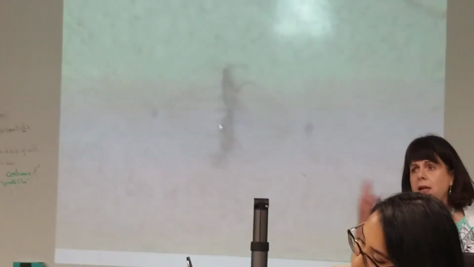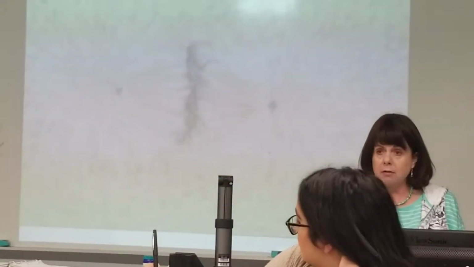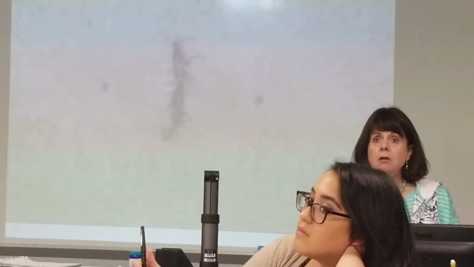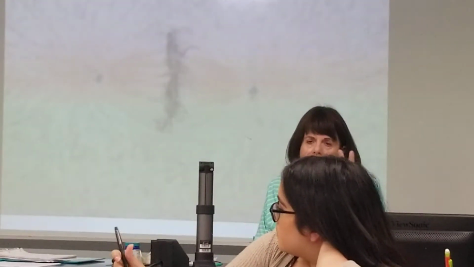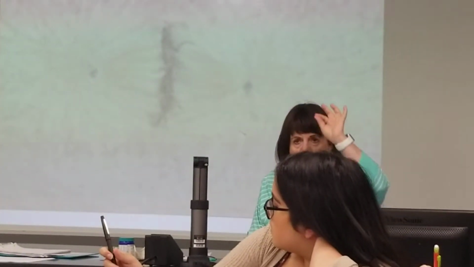It doesn't look like it, but you have one pair per spindle fiber here. The cell can make hundreds of spindle fibers, right? We still have 92 here. One chromatid pair, because a chromatid is actually two. One chromatid pair per spindle fiber. So there'd be one X on each spindle fiber.